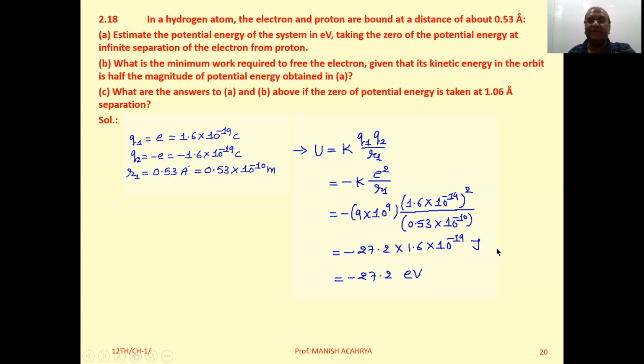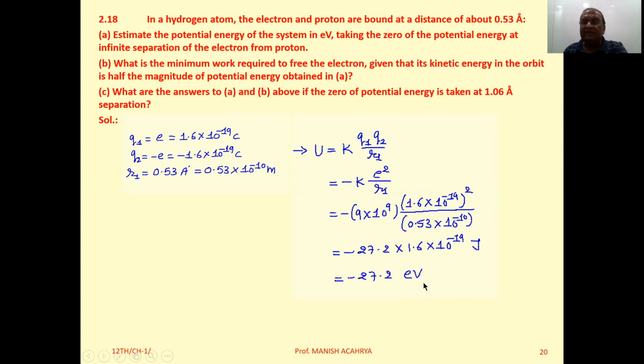If we solve this one, then the answer will be minus 27.2 into 1.6 into 10 raised to minus 19 joule. Now, if we want to give the answer in electron volt, then we have to divide this one by 1.6 into 10 raised to minus 19. So potential energy of this system will come to minus 27.2 electron volt.